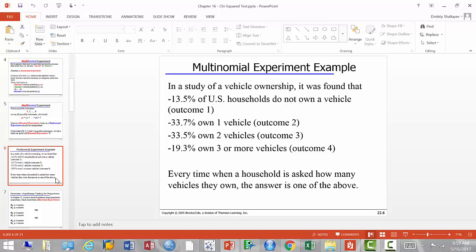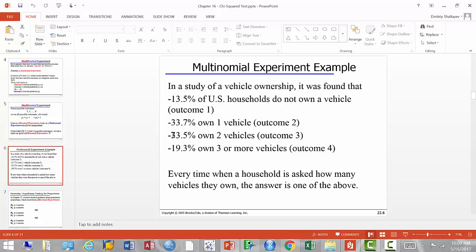So let's say that we performed an analysis, took a sample, right? And it turns out that in our sample, which can be fairly large, 13.5% of people have no cars. Most people have only 1 car, 33.7%. 2 vehicles, like husband and wife, they need to drive to different places, work, right?